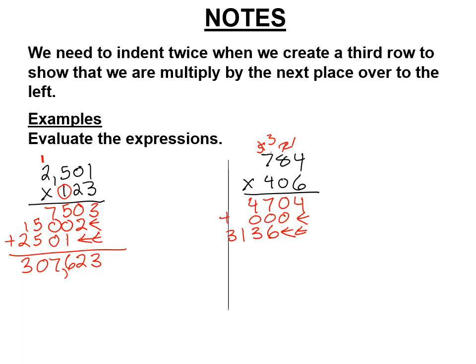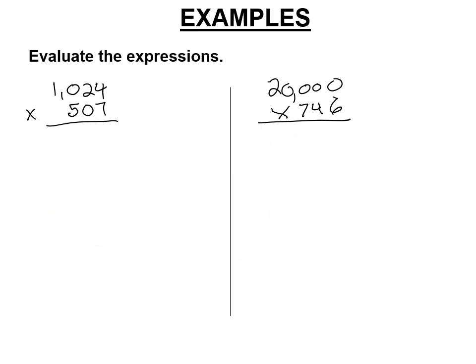We're adding up our 3 rows. 7 plus 6 is 13. 1 plus 4 plus 3 is 8, and 1 is 3, and I'm putting my comma in the right place. 318,304. All right, so try those on your own.